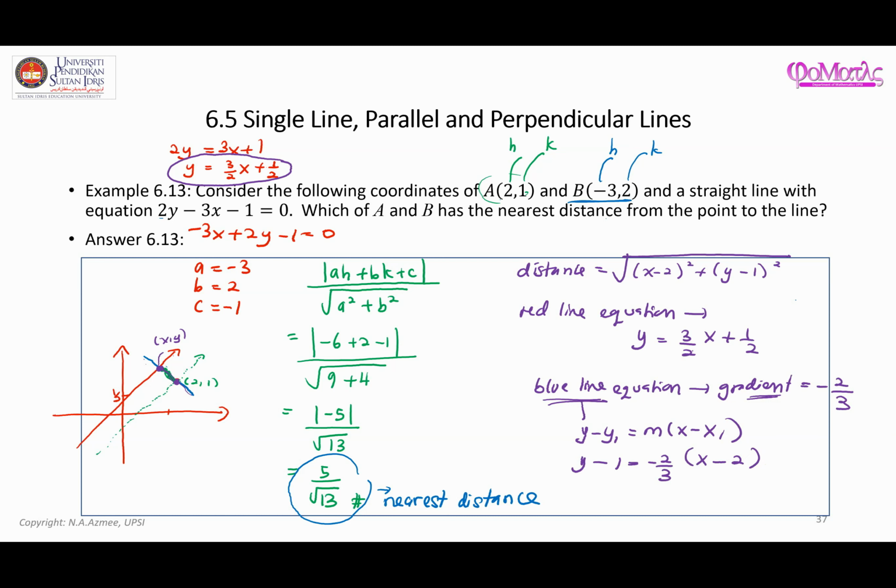So here I have the first equation, I have the second equation. You can go on and simplify this equation, and if you solve this equation simultaneously, you will get this point here, x and y.